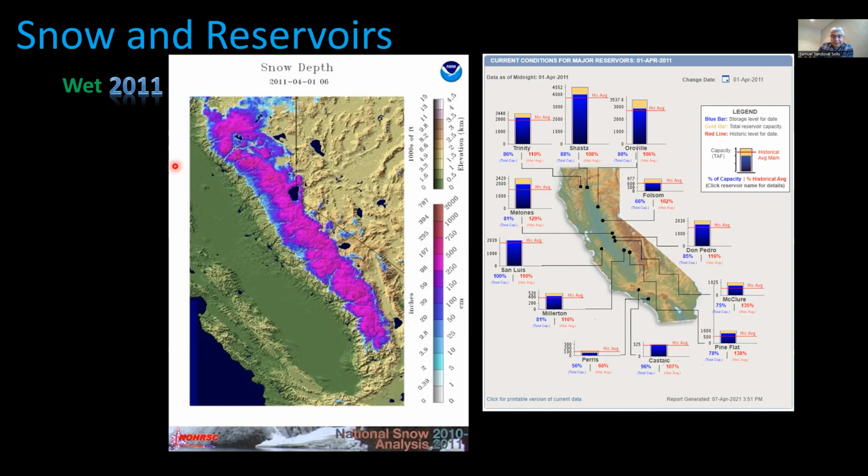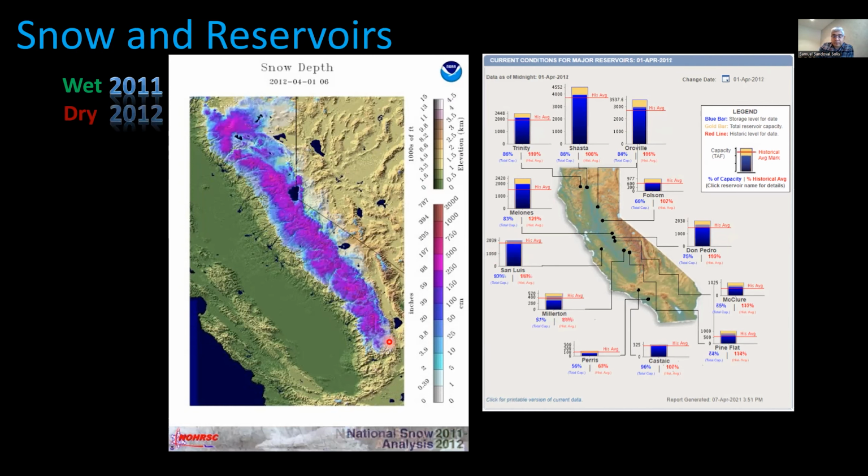So as you can see here, in this year, reservoirs were about the historic average. Reservoirs were not full, not all the way to the top, but they were above our own historic averages. So we have full reservoirs and a snowpack that was full.